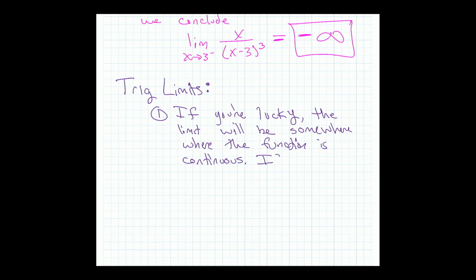If that happens, you can just plug in the value. And I'll show you that in 1 second.